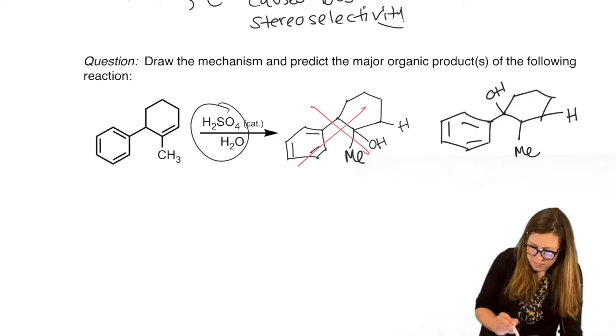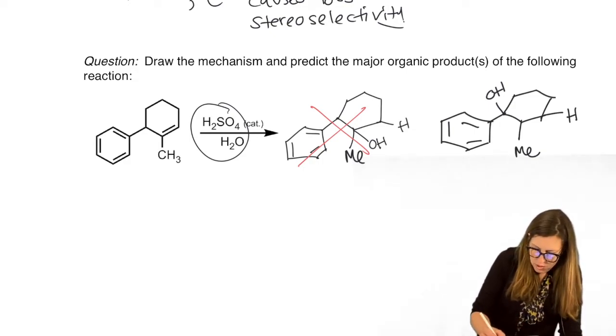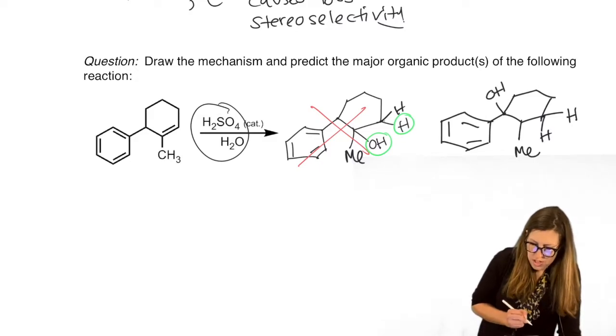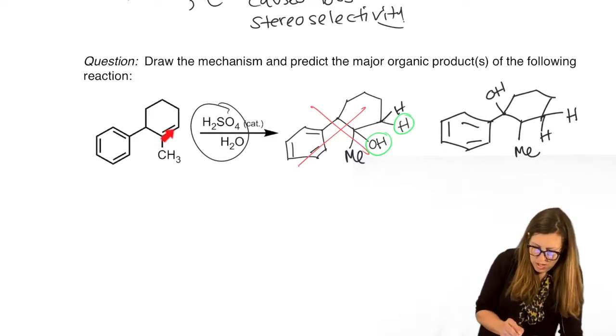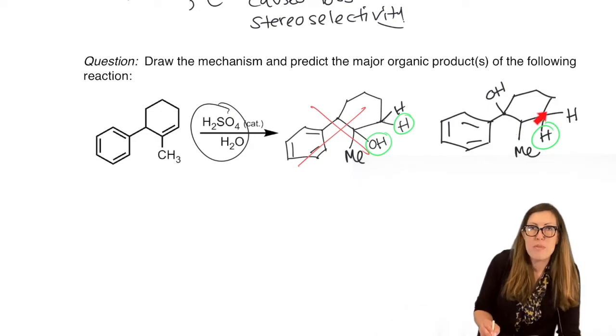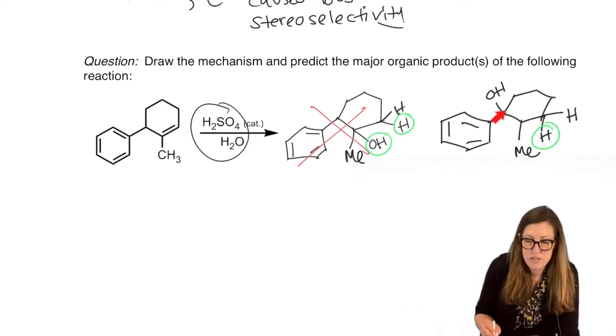So look at that. I'll draw my two H's just so we can track them. So my H and OH that I predicted here did not end up there. Yes, the H did. But what happened to the OH? It's actually not on either carbon that was part of the alkene. It's way over here now.